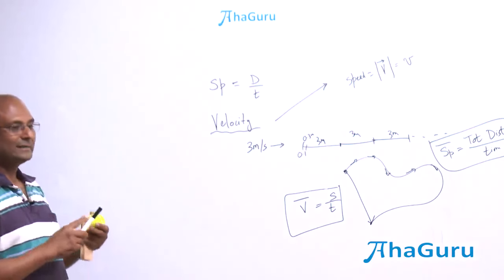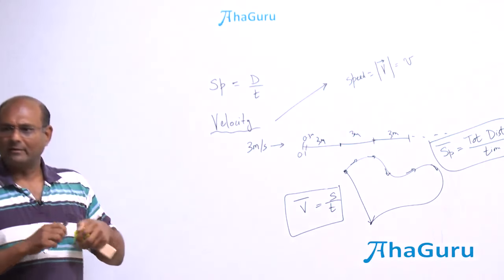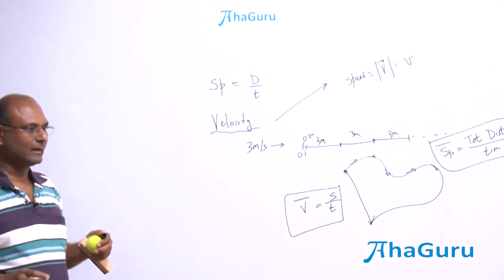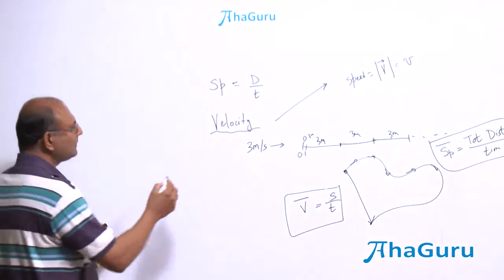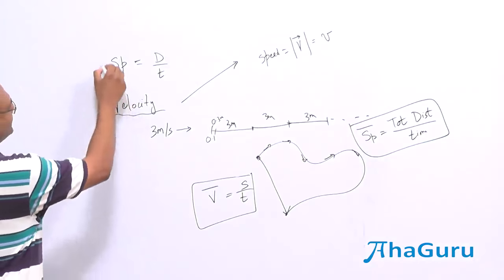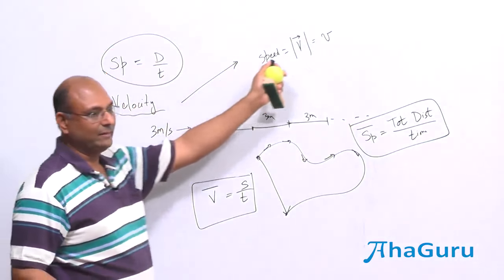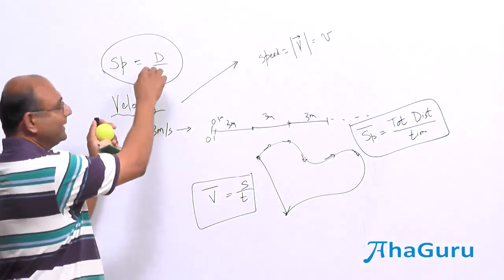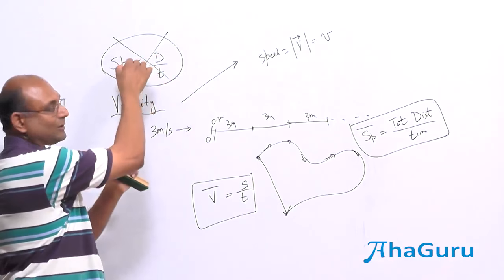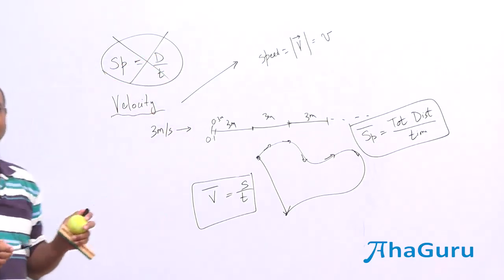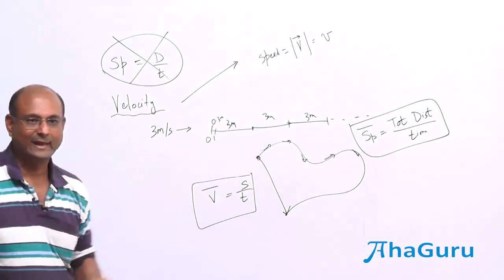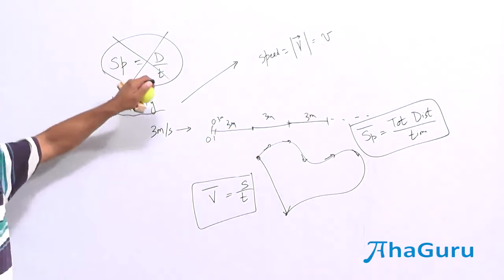Okay. Now let us try and first understand this a little bit more carefully. I told you that speed at any particular point of time, not this speed. This is not a good definition. What should I have called this? Average speed. That's what we have defined it there. So speed is not distance by time.